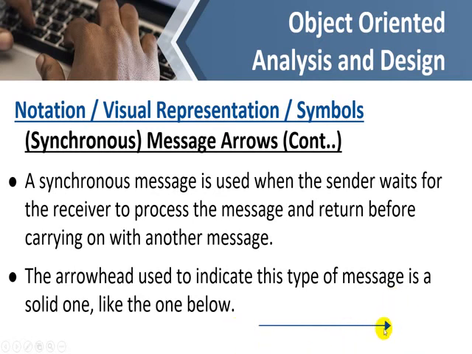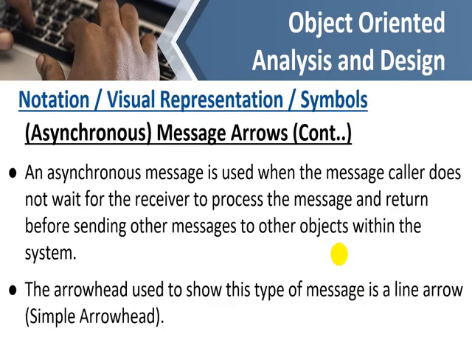So how can we call this arrowhead? The arrowhead used to indicate this type of message is a solid one. So this is filled with color. Solid arrowhead, in fact, is used for the synchronous message.